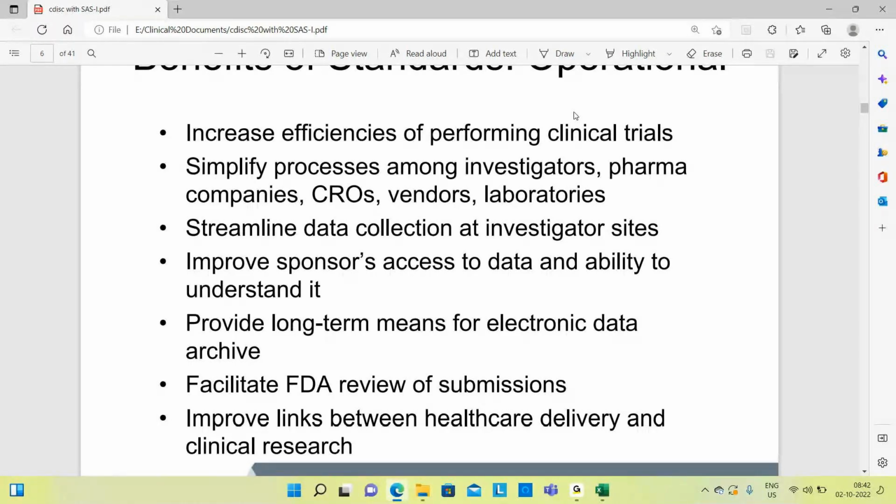Next, it facilitates FDA review of submissions, so even the FDA reviewers can easily review in less time. Next, it improves the link between healthcare delivery and research, so you can also improve links between healthcare delivery and clinical research.